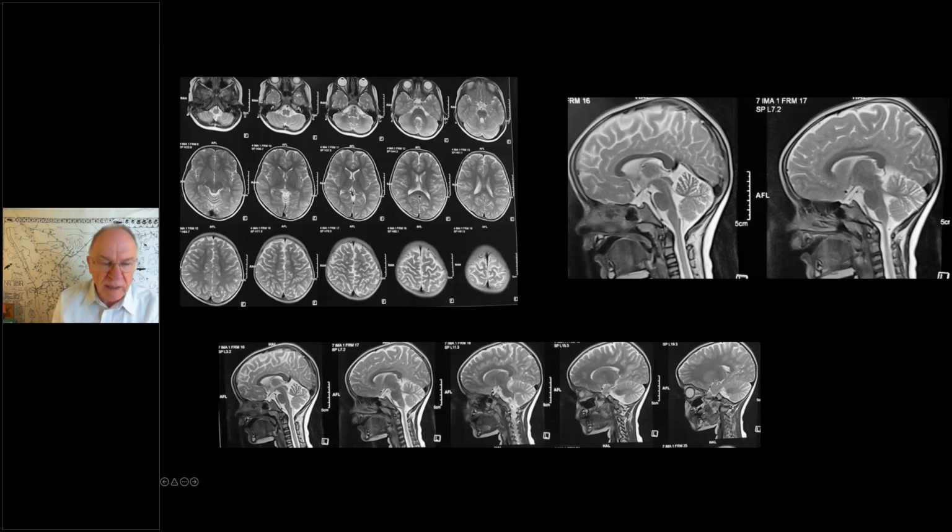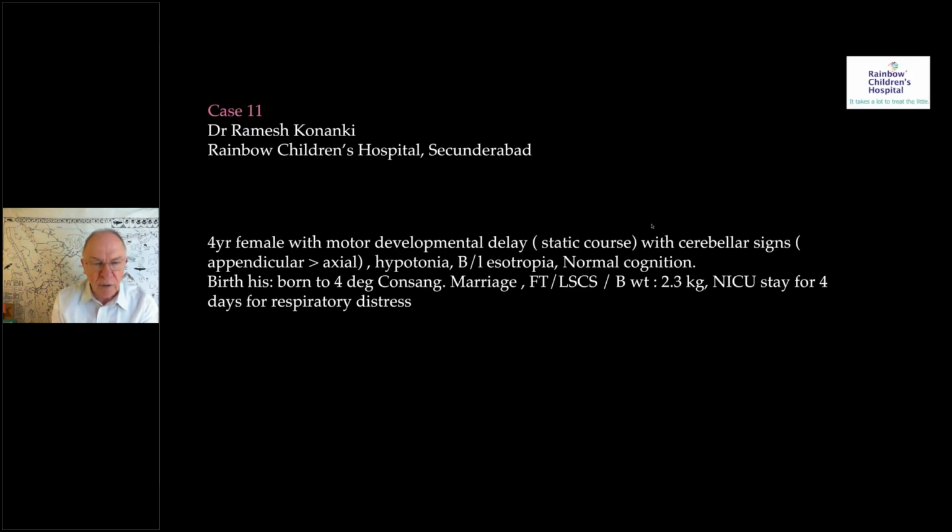Just a personal comment, it's about semantics. If you have one MR at 4 years, I think it's better to call this just descriptive, enlarged fissures, because you don't know whether this is a residual situation following cerebellitis, whether it is congenital, or whether it is progressive. Given the history of this patient, who has had a delay since early infancy, this is likely a congenital situation.